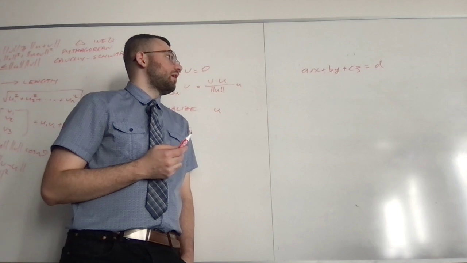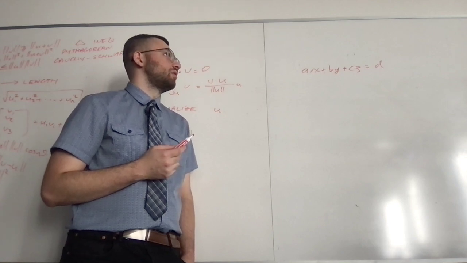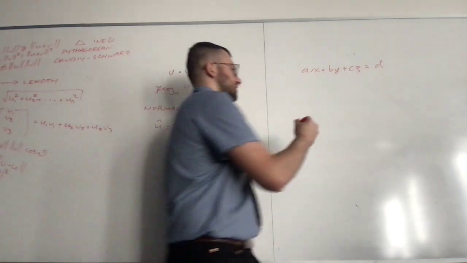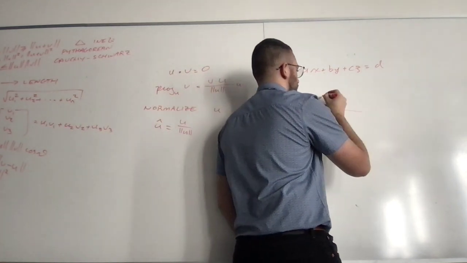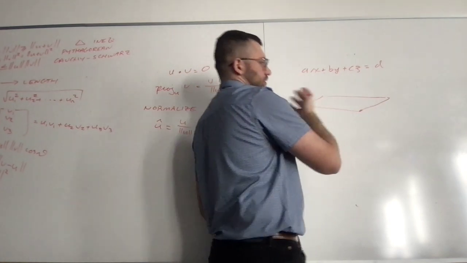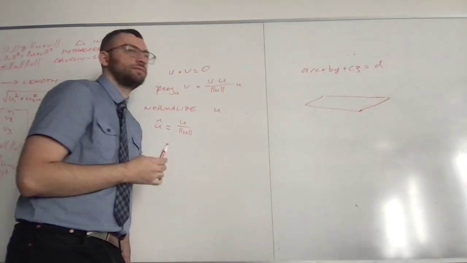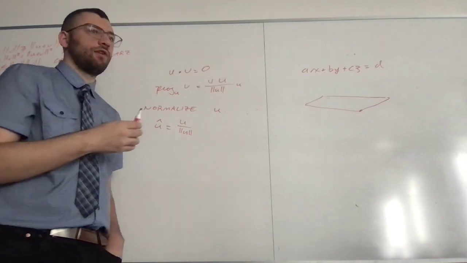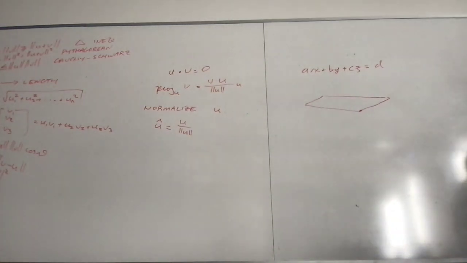What would be the vector normal to that plane? What does that mean in the first place? Say I have some plane. The normal vector is perpendicular to the plane, like sticking right out of it, or possibly down.